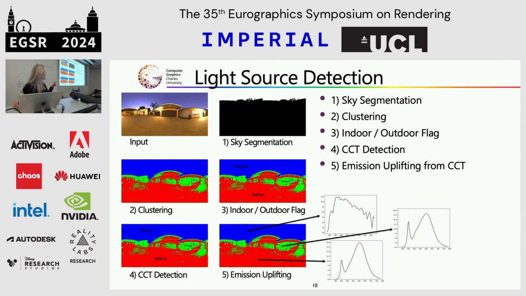Then for each of these clusters, you determine whether they have indoor or outdoor illumination. Then you move on to finding their correlated color temperature. And from all of this information that we obtained about individual clusters, we find the most viable emission spectrum for the light source from a database of spectra.